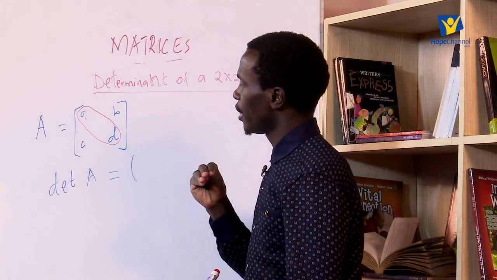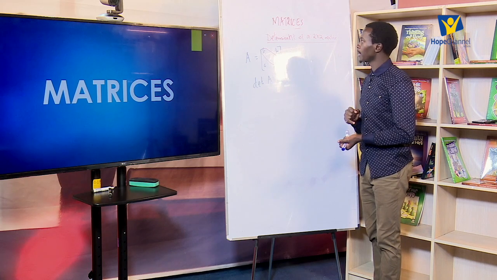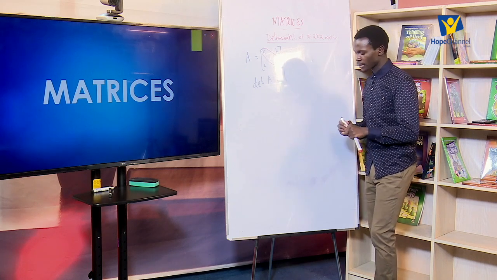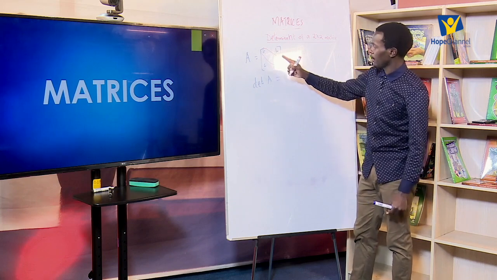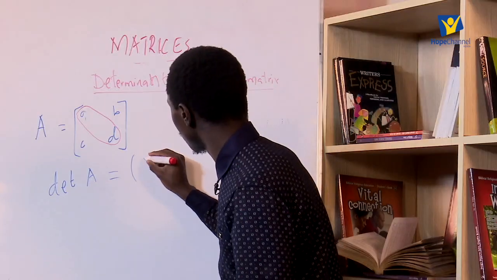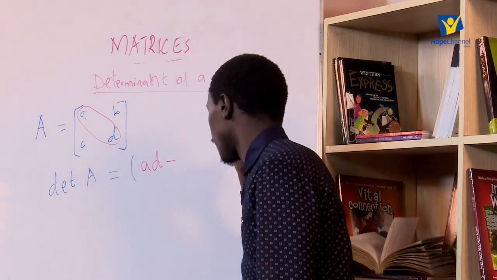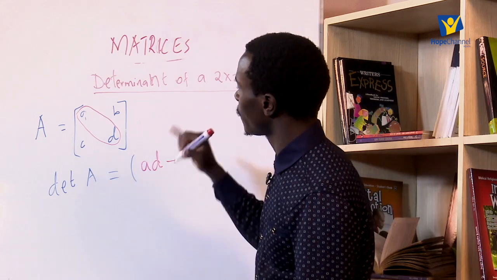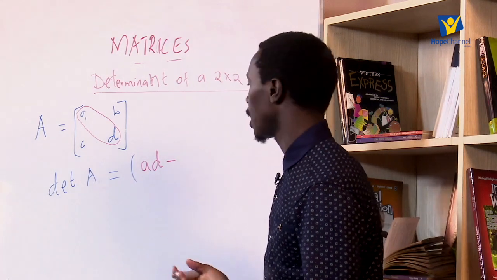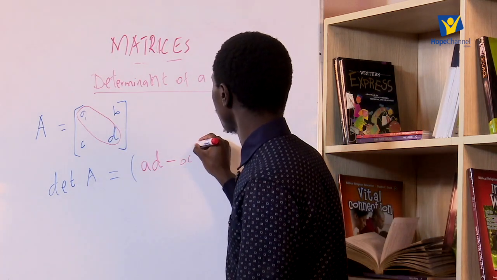So if we are supposed to find the determinant of a 2 by 2 matrix, the first thing is to multiply the elements in the leading diagonal. So in this case it is AD. Then subtract the product of the elements in the secondary diagonal or in the other diagonal, like for example B times C, BC.